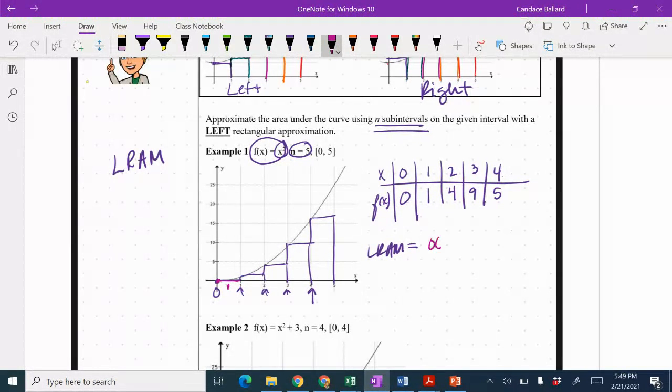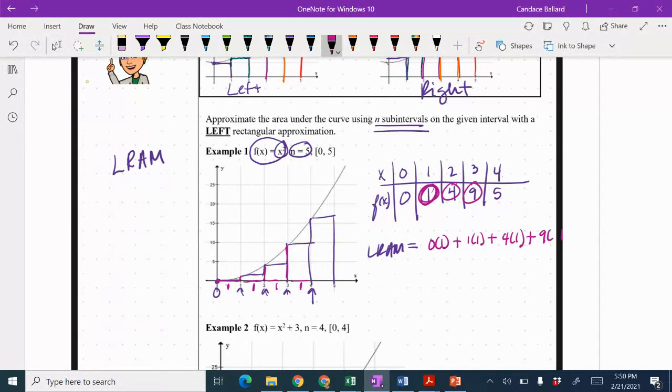So I would do 0 times 1 plus, then a height of 1, and the distance in between is still 1. So 1 times 1. Then this height would be 4, and my distance in between again would be 1. So 4 times 1. Then my height on this one is 9, and my distance in between is still 1.